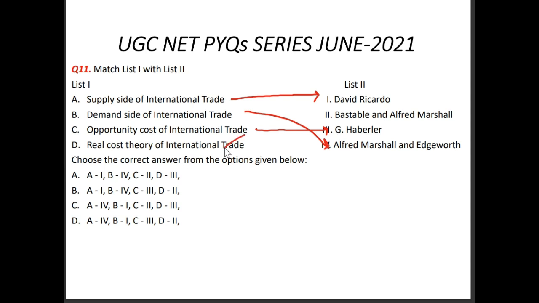And real cost theory of international trade was given by Bastable and Alfred Marshall. Hence the answer is 1 4 3 2. So option B is the correct answer here.